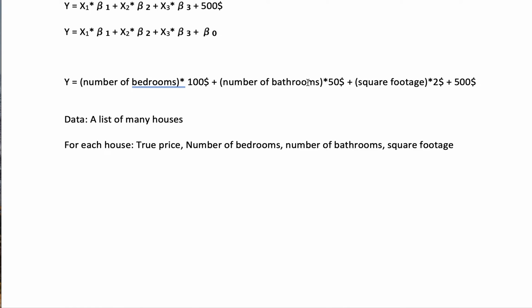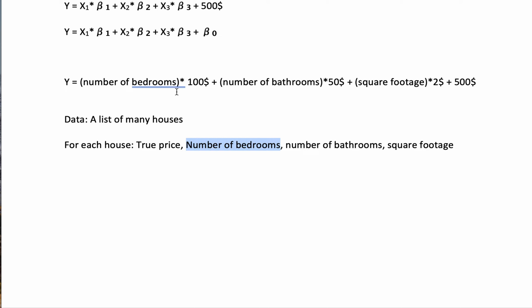So now what you see is that in our model, Y was our predicted price. But we want our model to learn in the future how to set these numbers, the price per bedroom, the price per bathroom, the price per square foot, and the baseline costs, based on the real data. And it's going to have to know what the real price is. The real price is the analog to the predicted price.